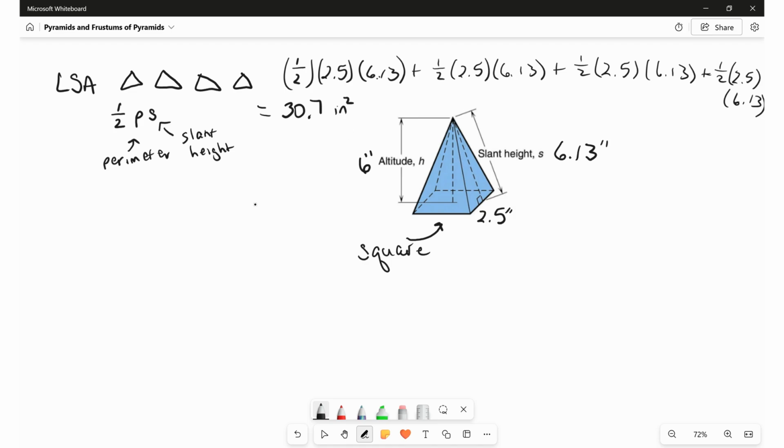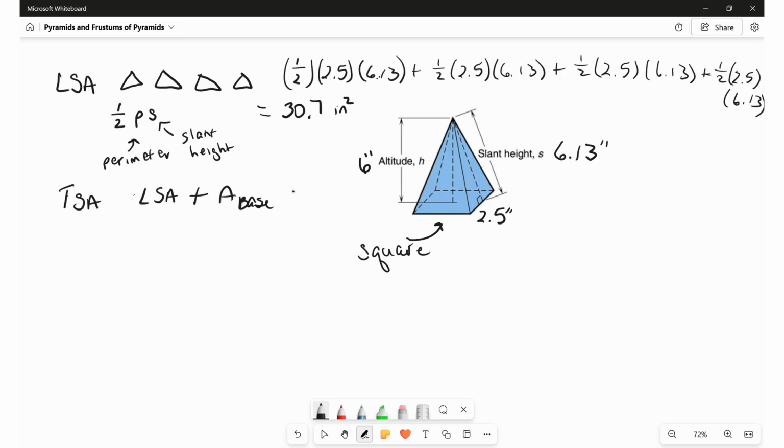Now, if we want to get total surface area, we're going to take our lateral surface area plus the area of the base.